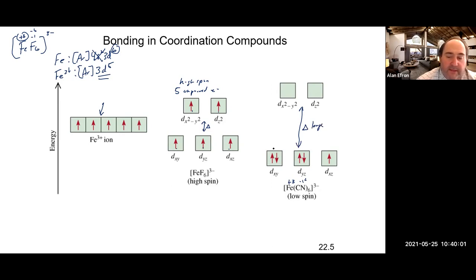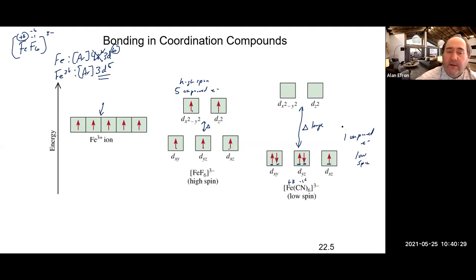And that means when the electrons come in, they'll go 1, 2, 3, then come back 4 and 5. We end up with 1 unpaired electron, giving us a low spin sort of complex. So, depending on the ligand that's present, we will get some different ones here that would occur.